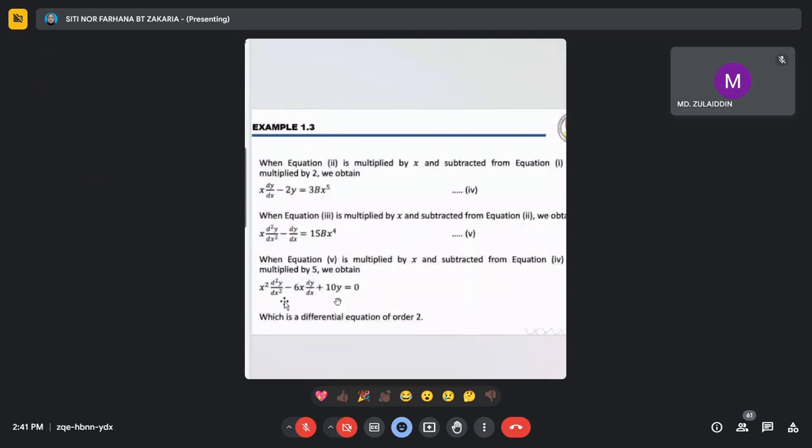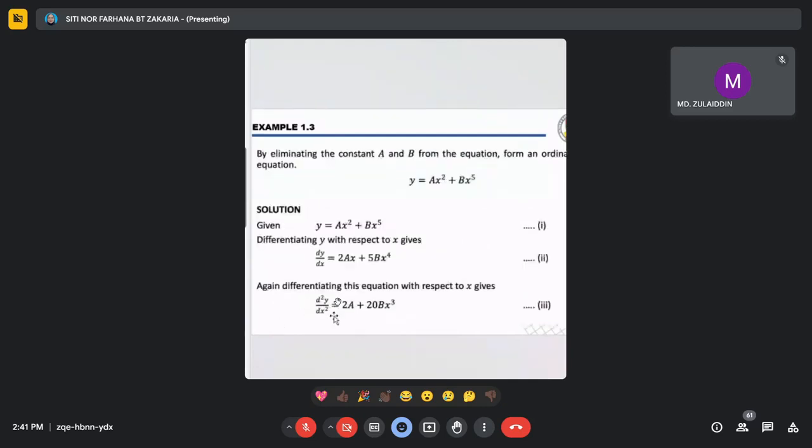Okay, to check either your function, sorry. This is not your DE yet. You need to eliminate the arbitrary constant, right?